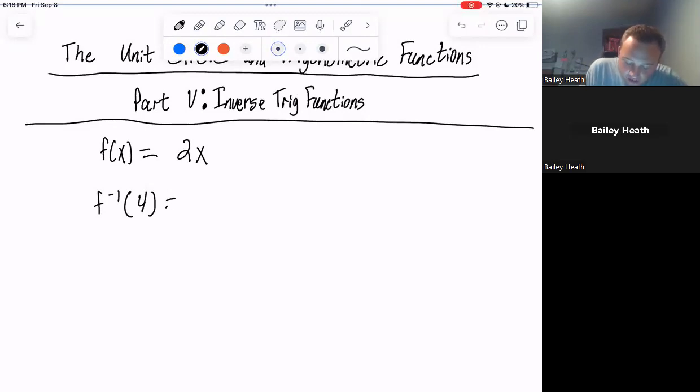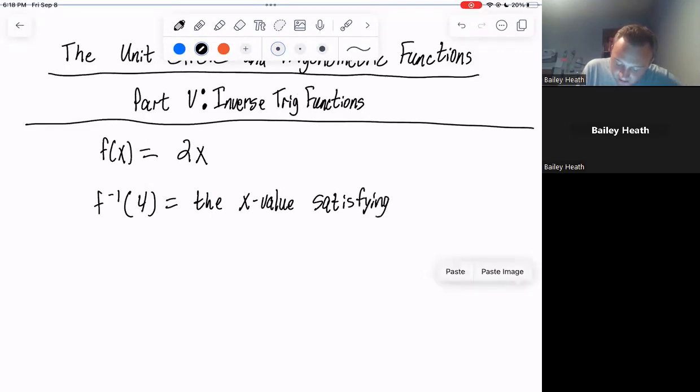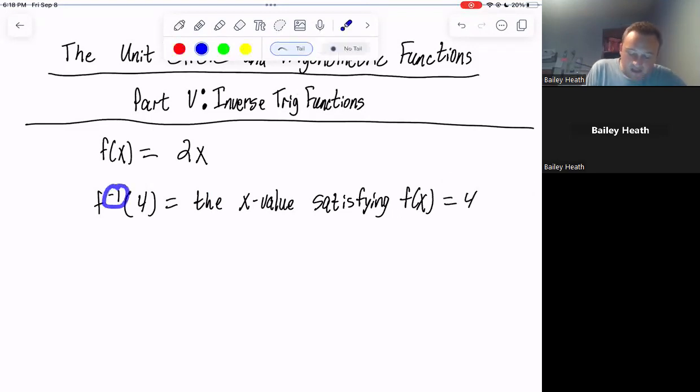This is equal to the x value satisfying f of x equals 4. Okay, so this f to the minus first notation, that's our notation for inverse function.